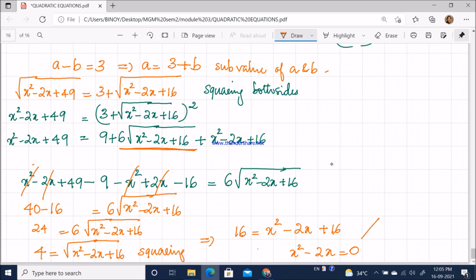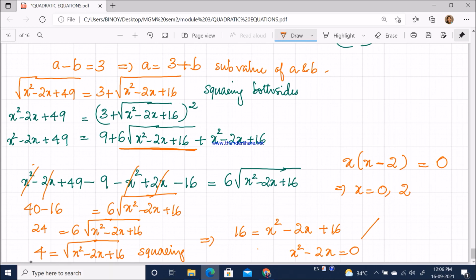This is nothing but x into (x minus 2) equals 0. So the value of x can be either 0 or 2. This is how we solve the equation.